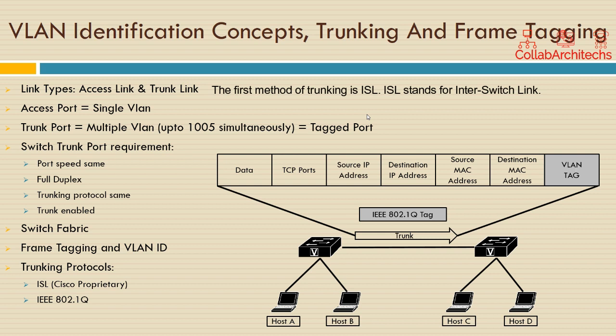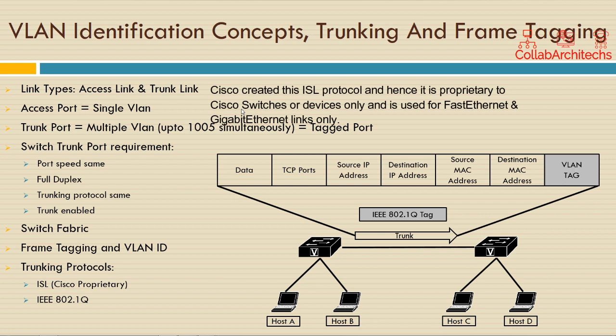The first method of trunking is ISL. ISL stands for Inter-Switch Link. Let's go through some of its features. Cisco created this ISL protocol, and hence it is proprietary to Cisco switches or devices only, and is used for Fast Ethernet and Gigabit Ethernet links only.